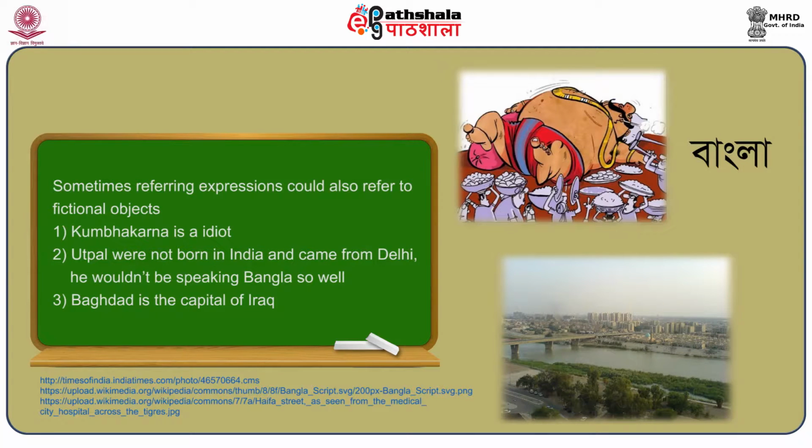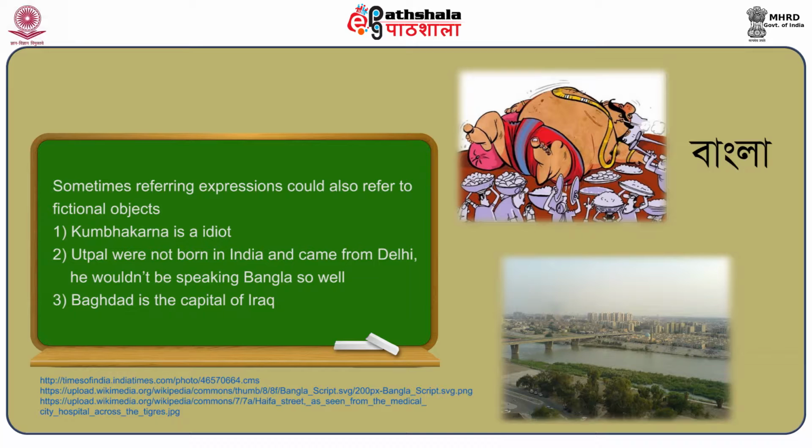Sometimes referring expressions could also refer to fictional objects. So, suppose I say Kumbhakarna is an idiot. Kumbhakarna happens to be a fictional character in certain texts, and we can make true and false statements depending on what role they play in fiction.